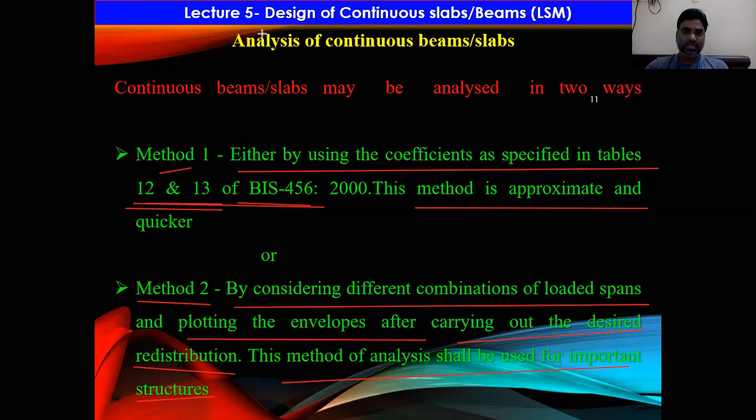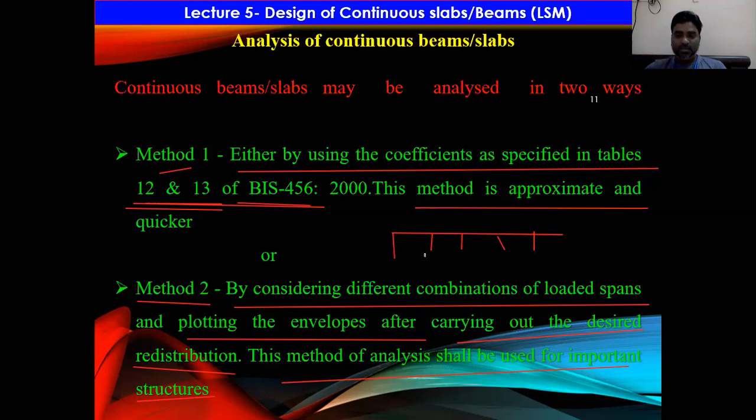In the moment distribution method, what happens? Suppose this is a beam subjected to a different type of load, right? Based upon the stiffness of the member, some percentage of moment will transfer to this support and some percentage of moment is transferred to this support. Similarly, if you apply the load, there is an effect here. Some effect will occur in this beam also due to this load, right?